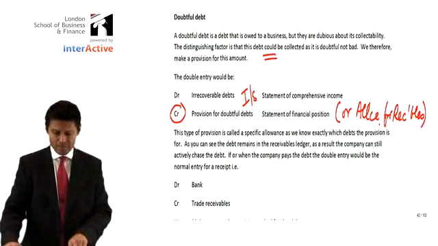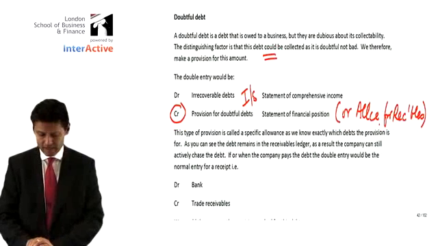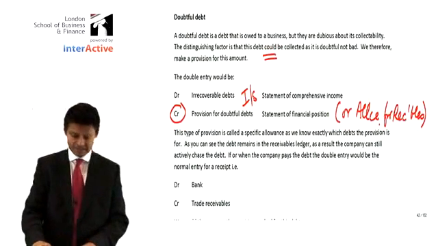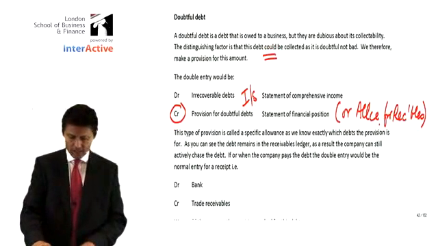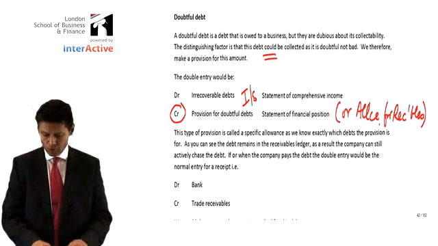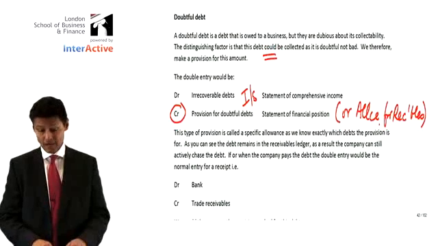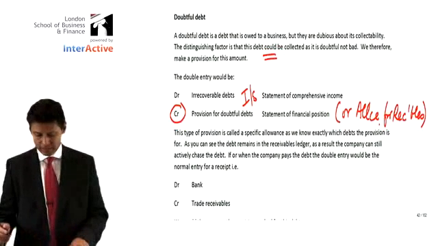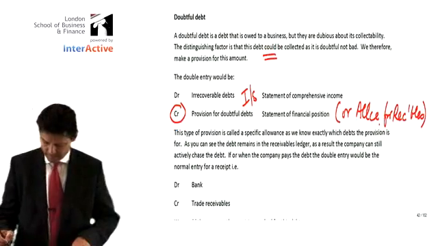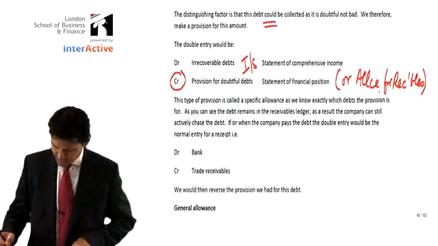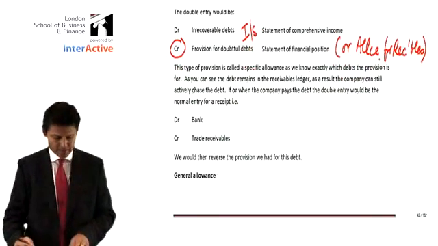As you can see, the debt remains in the receivables ledger. As a result, the company can still actively chase the debt. If or when the company pays the debt to us, the double entry would be the normal entry for a receipt. As you can see there, debit, money coming in.